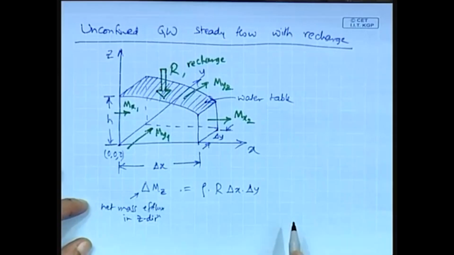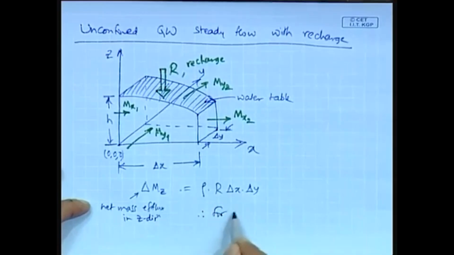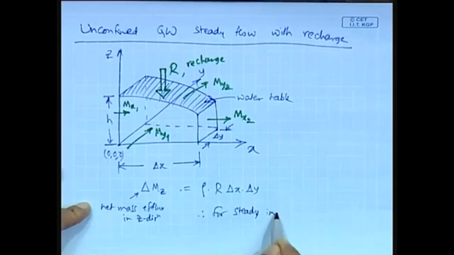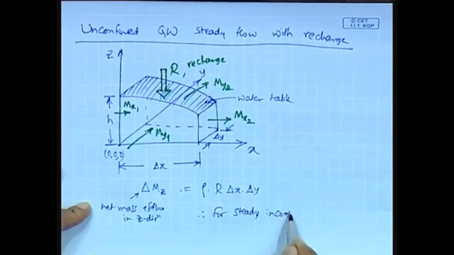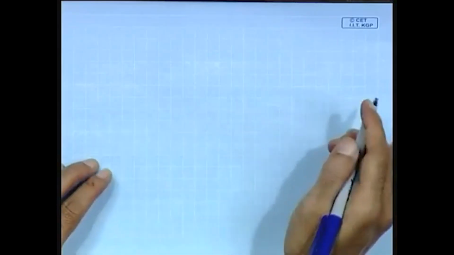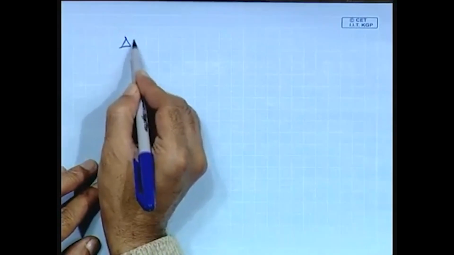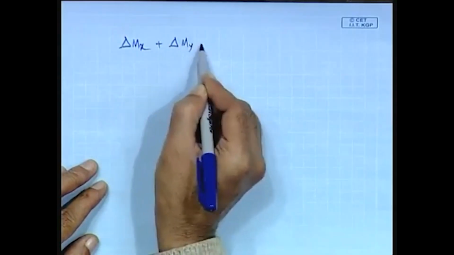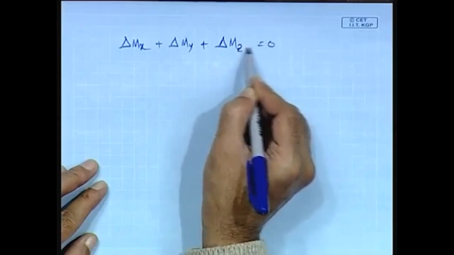Okay. So, therefore, for steady incompressible flow, the continuity equation becomes delta mx plus delta my plus delta mz is equal to 0.